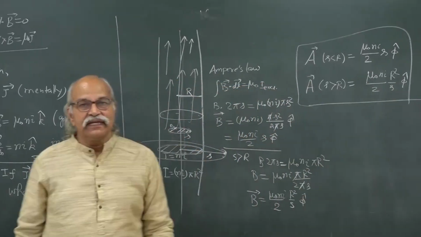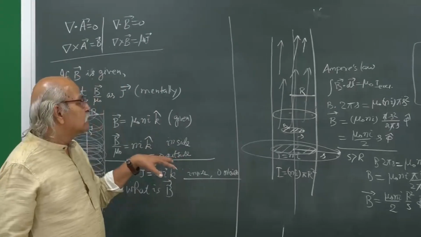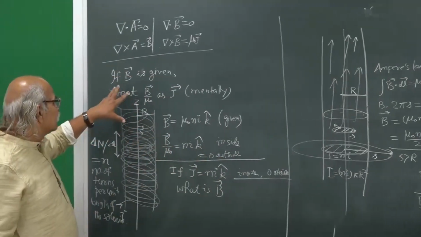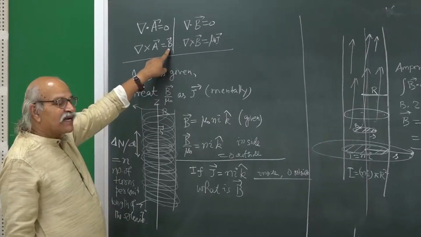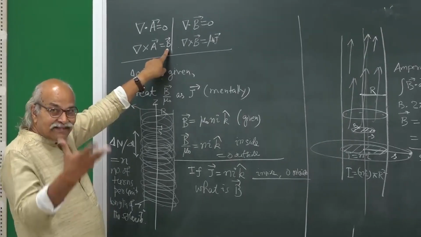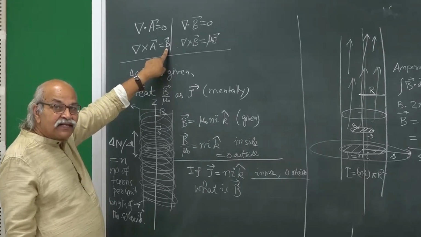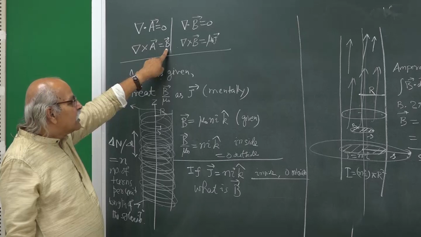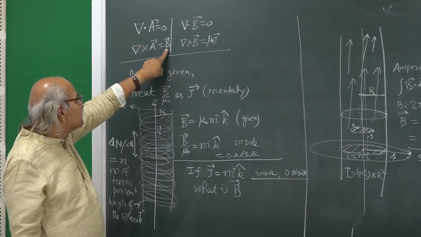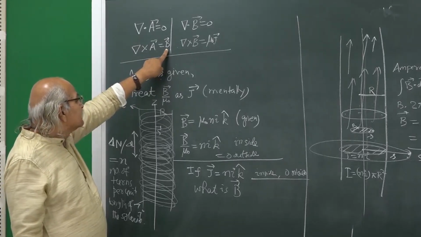Okay. So, once again I repeat the recipe. The problem is, if I know the magnetic field in a particular region, can I write the corresponding vector potential? And if I do that, it is easy.